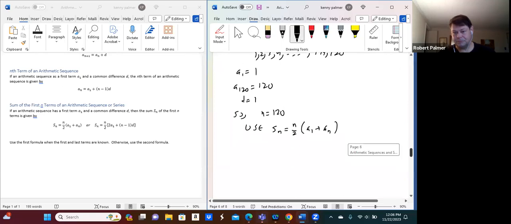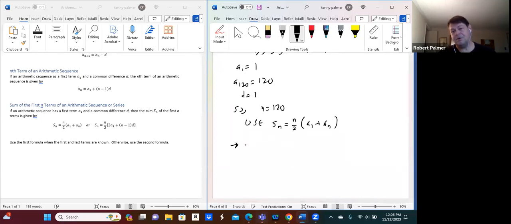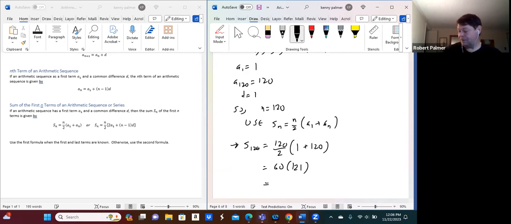And so that's going to be S of 120 is 120 over 2, times a1, which is 1, plus an, which is 120. And so that's going to be 60 times 121, and use your calculator, because I don't know that one either.